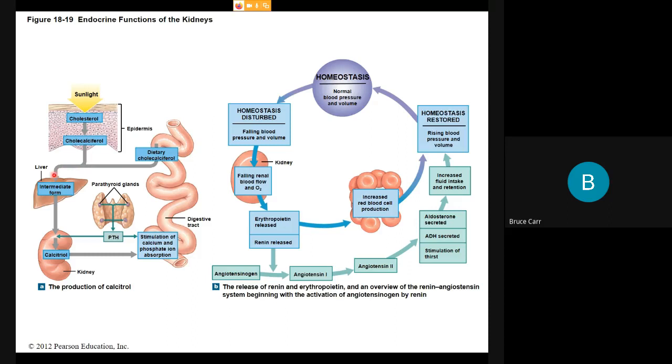Now that works through an intermediate form in the liver and stimulates the kidneys to make calcitriol. That particular product goes through the blood and in cooperation with parathyroid hormone stimulates the digestive tract, the small intestine, to absorb calcium and phosphate.